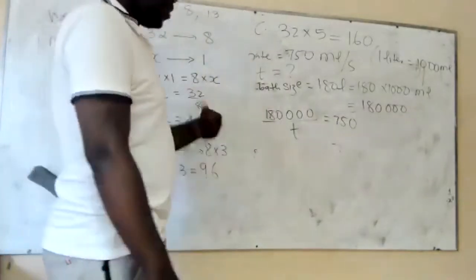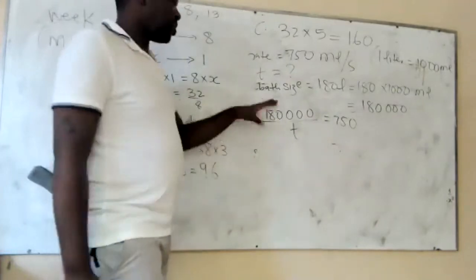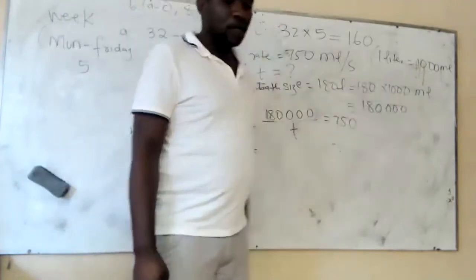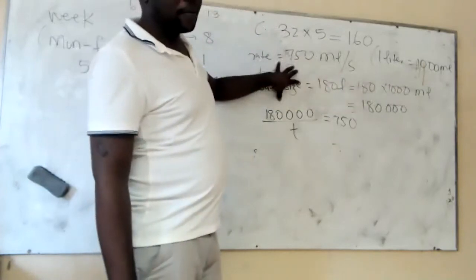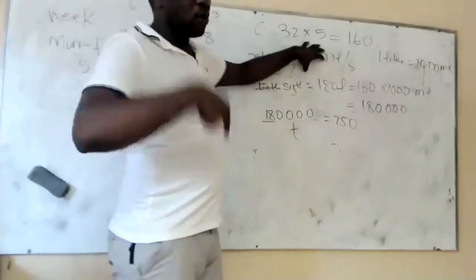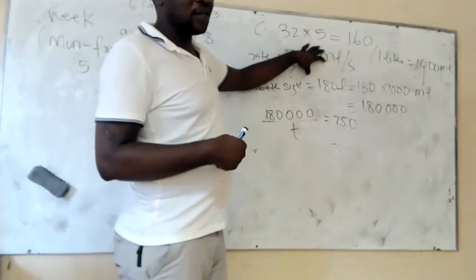This is a formula that I introduced to you when you get to higher grades. Let me explain it to you again. So the size of the bath divided by the time is equal to the rate at which the water is getting into the bathroom, the speed of the water.